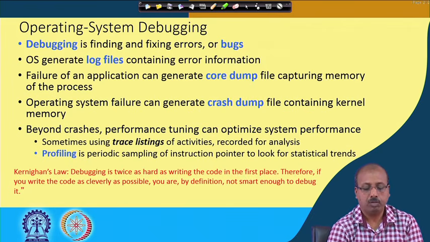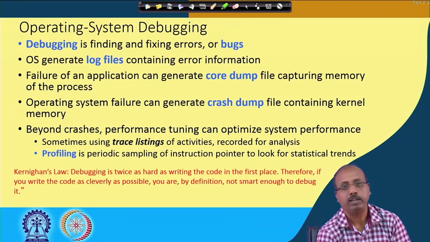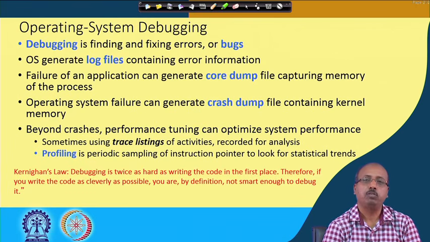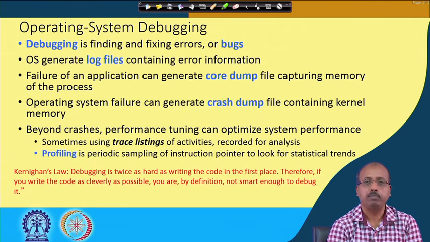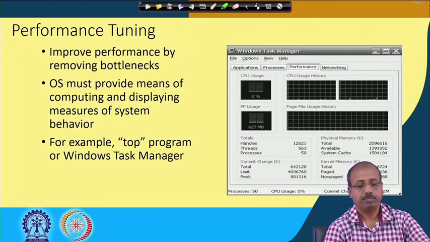So, if you write the code as cleverly as possible, you are by definition not smart enough to debug it. Cleverly written code means there will be very many tricks in the code, so understanding that code becomes difficult. It is therefore advisable, while designing such a big piece of software like an operating system, to avoid these clever tricks as much as possible, because they make debugging very difficult.